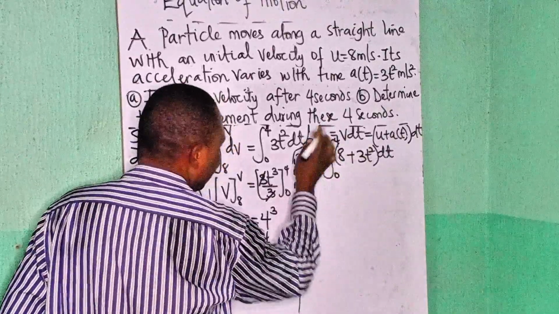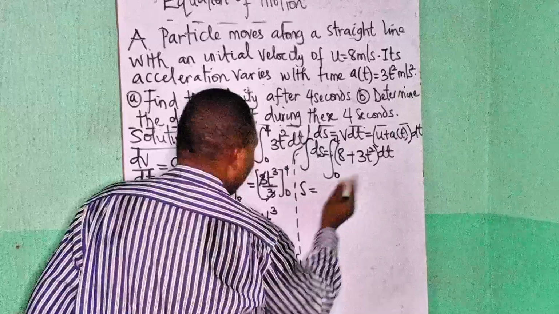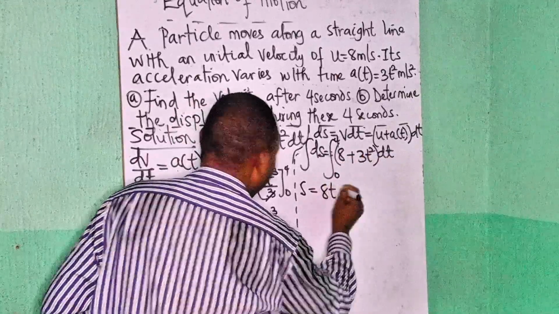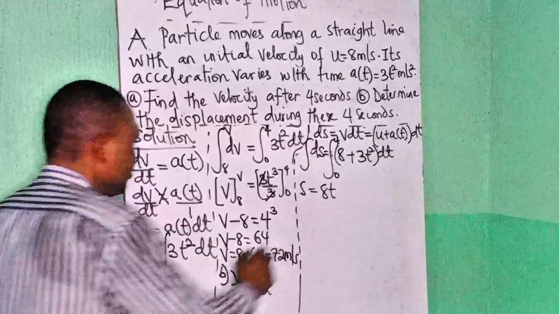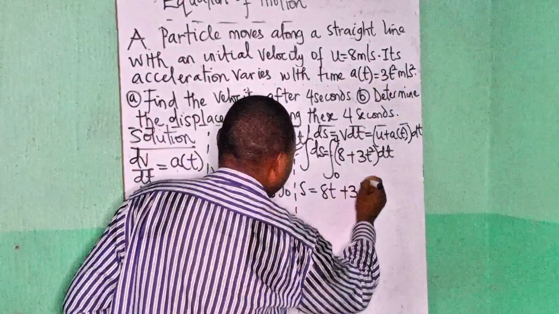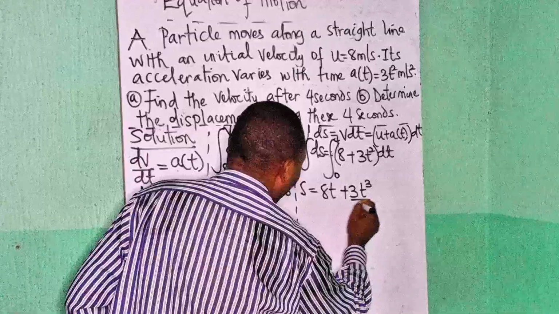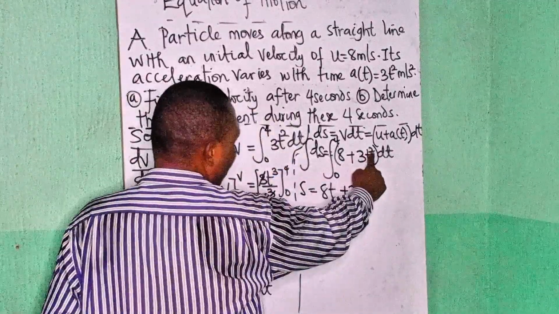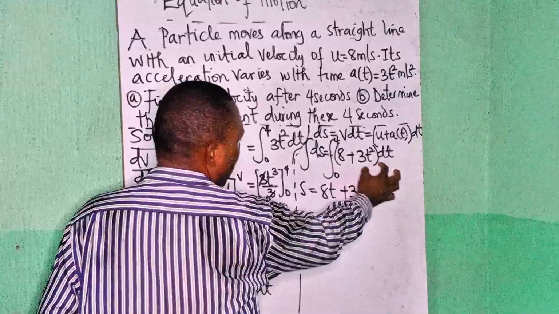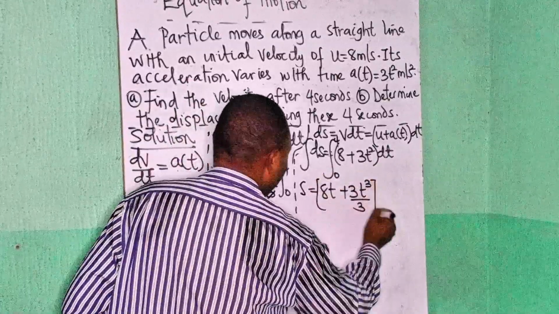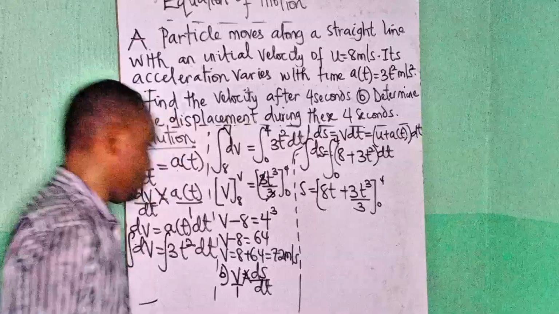All right, so from here, I'll be integrating both sides. If I integrate ds, I'll be getting s. If I integrate 8 dt, I'll be getting 8t, plus if I integrate this now, I'll be getting 3t cubed over 3. Remember how we integrated? We're adding 1 to the power 2, over 2 plus 1. It goes from 0 to 4.